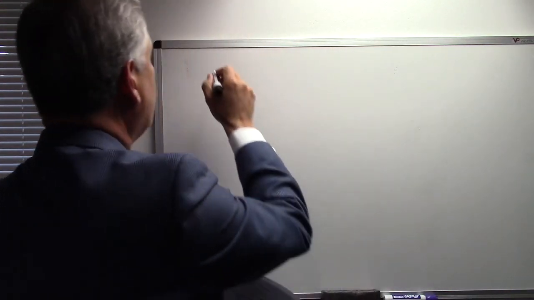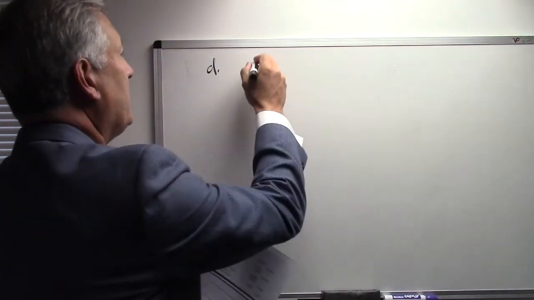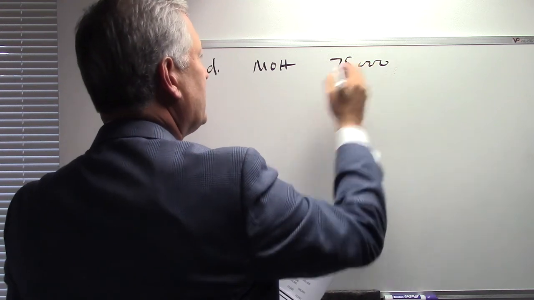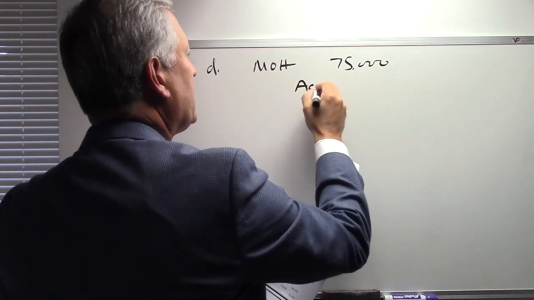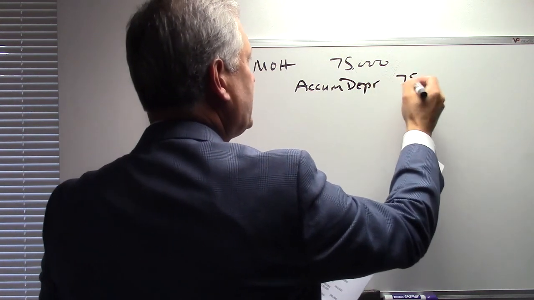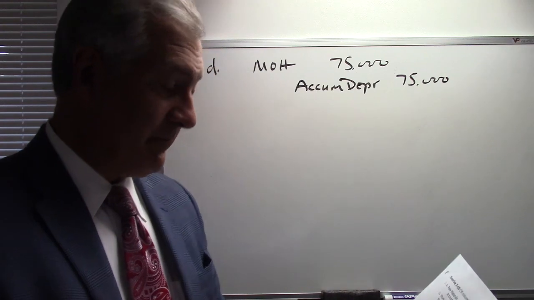So those are our first three entries. Let's look at item D. Item D says depreciation recorded on factory equipment. Because it's the factory, it makes it manufacturing overhead. For how much? $75,000. So it's a debit to manufacturing overhead for $75,000. Credit to accumulated depreciation, $75,000.